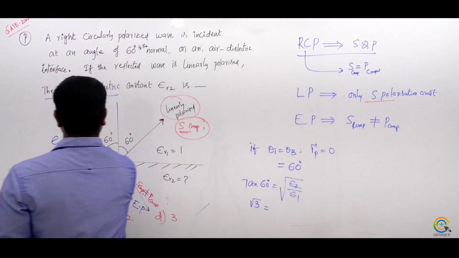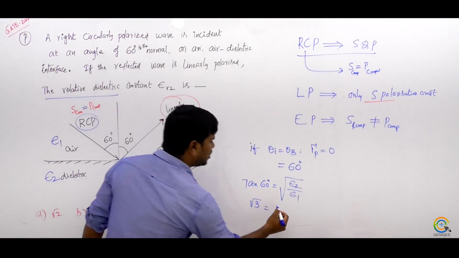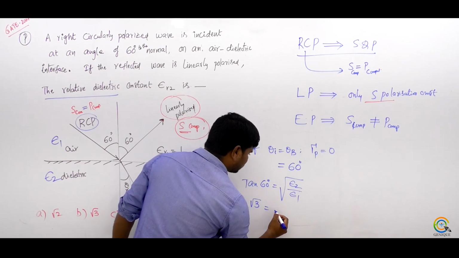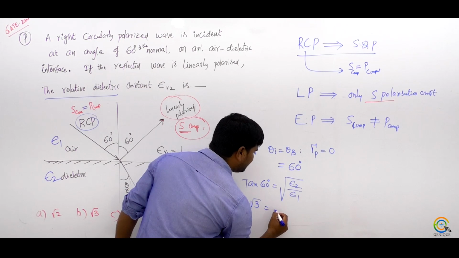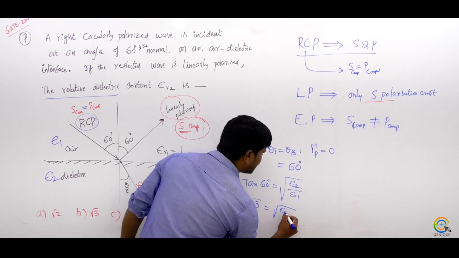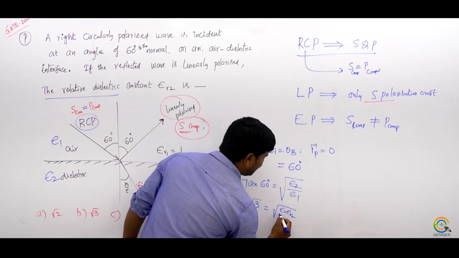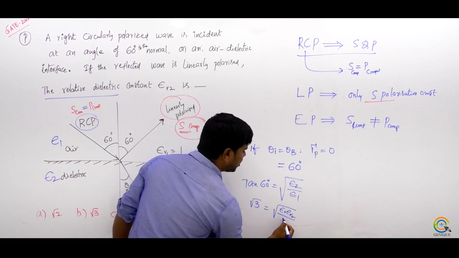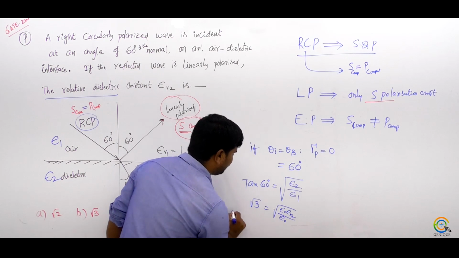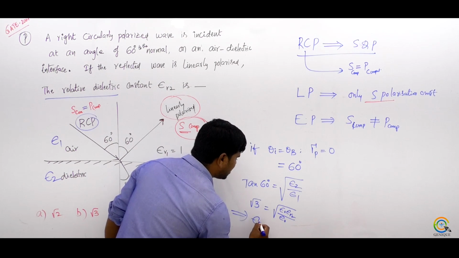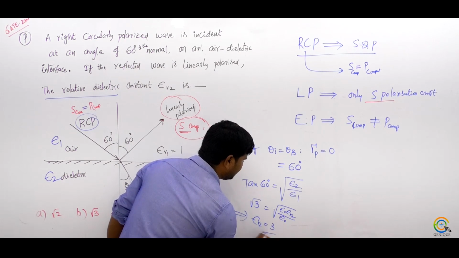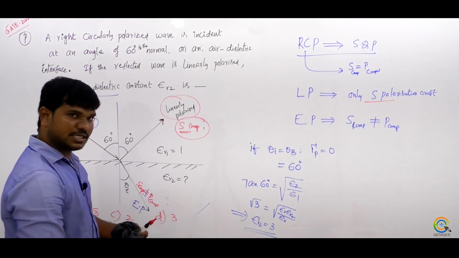Already we know this is equal to root over epsilon naught epsilon R2 divided by epsilon naught. So from this, what can I write? Epsilon R2 is equal to 3. The answer is 3.